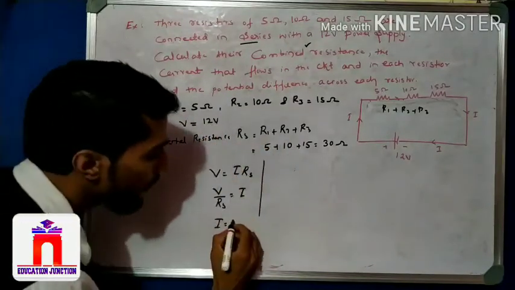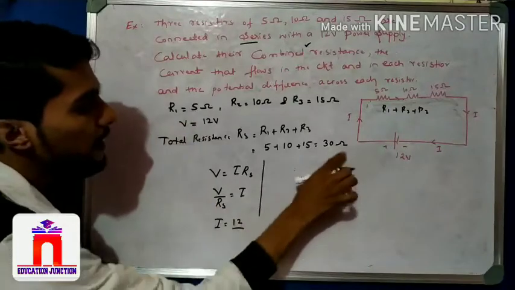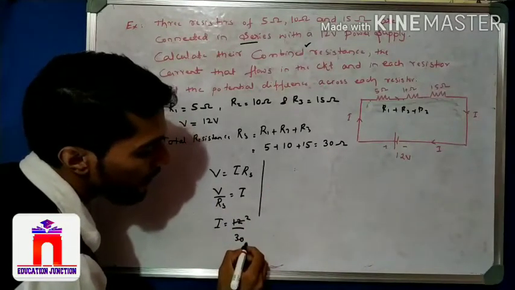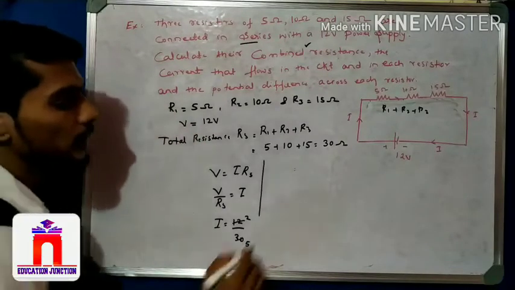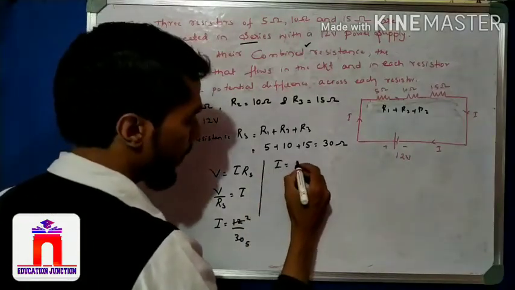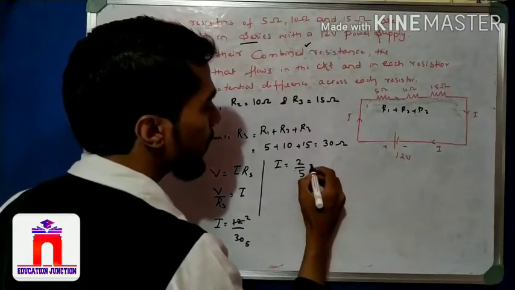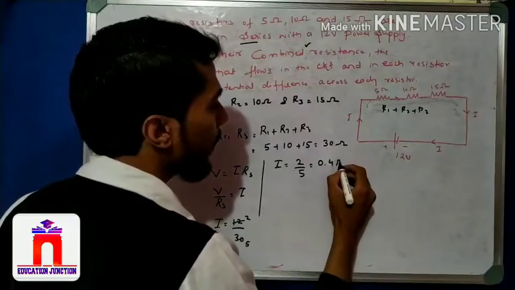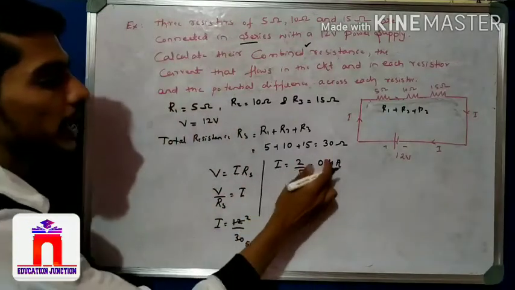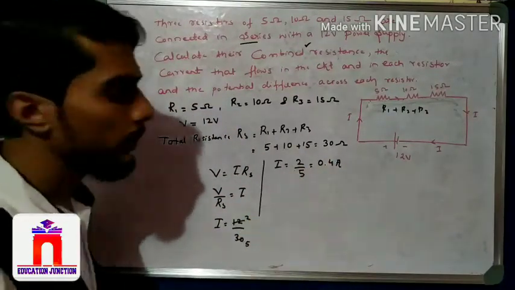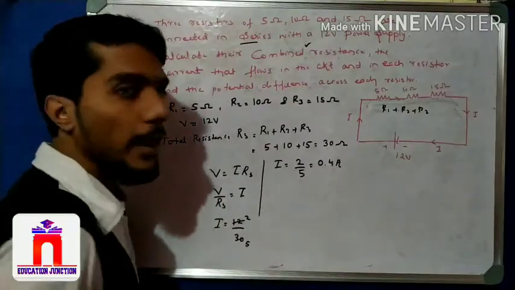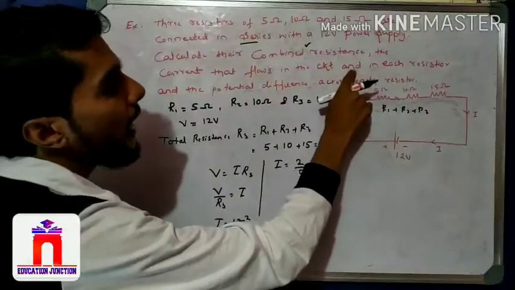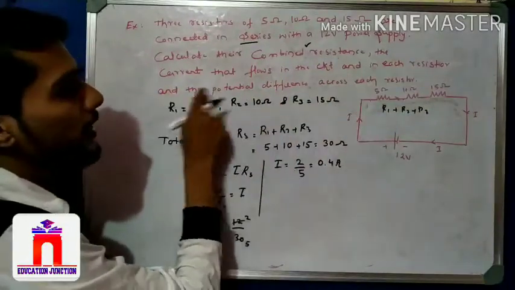V is 12, and RS is 30. 6 5s are 30. So we get I is equal to 2 by 5, which is nothing but 0.4 ampere. So 0.4 ampere is the current flowing in each resistance. Okay, that is finished.